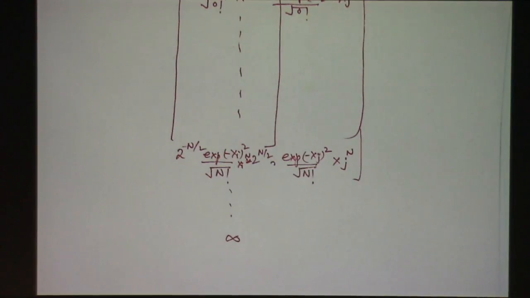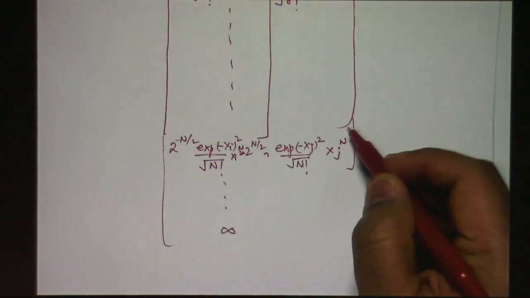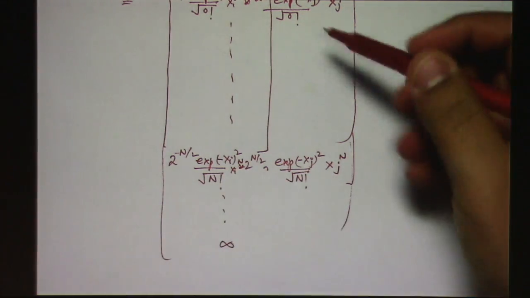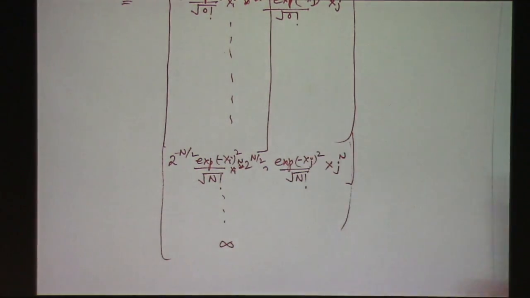So these quantities form a whole column vector, and then you sum it up outside. So that is a fact.